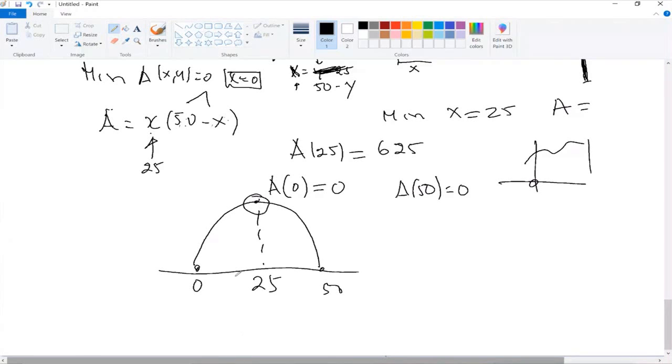Then, if this is the maximum, this is not the maximum because it's 0, you know, right? But if you find a maximum or a minimum like this, like that, you got the maximum here, but it doesn't compete with that.